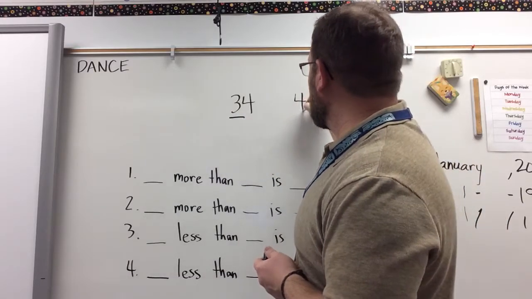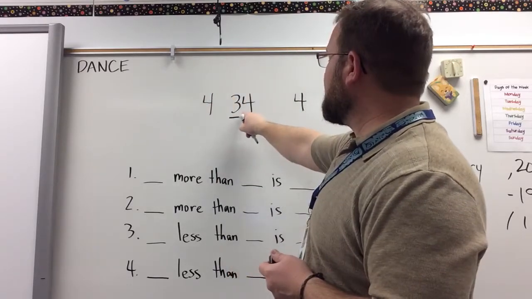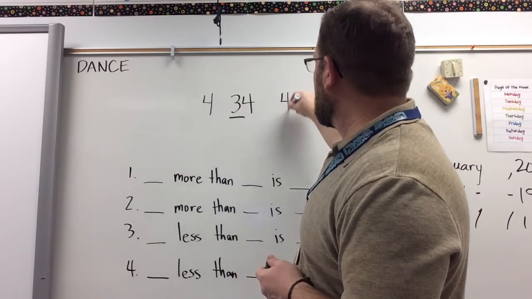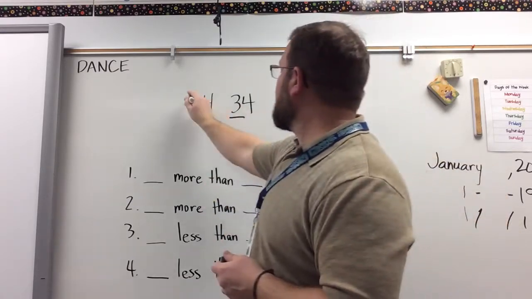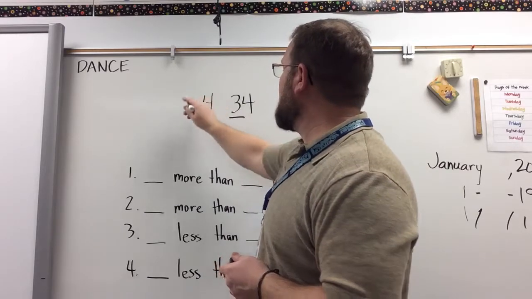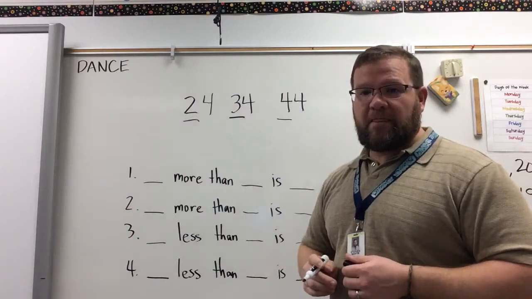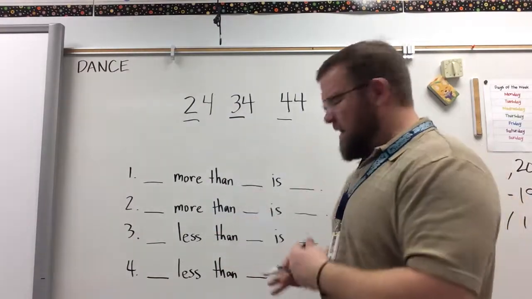So we have 34, but here when we add 1 to it, we get 44. See, I just added 1 to the tens place. And then back here, I'm taking 1 away. That's right, 24.